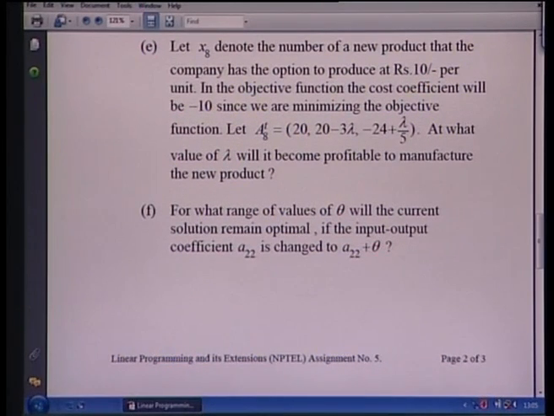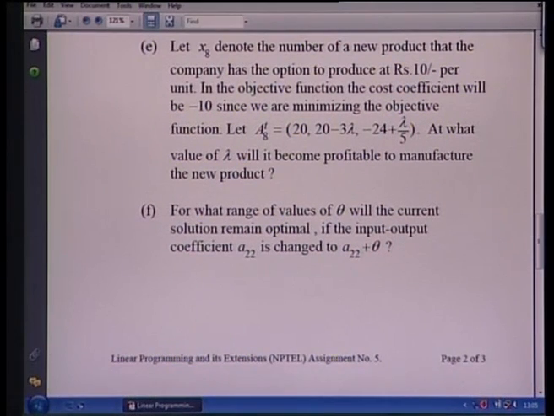I have taken care of that in the problem. So the actual profit is 10 rupees per unit, but in the objective function it will appear as minus 10 x8, since we are minimizing the objective function. All right. So then let A8 transpose, I am giving you the column, be parameterized, it has a parameter lambda appearing in it.